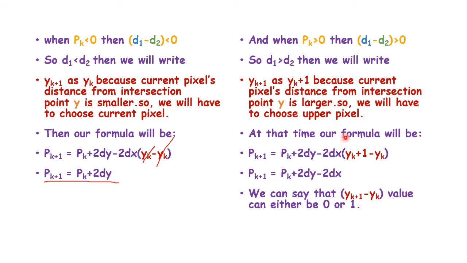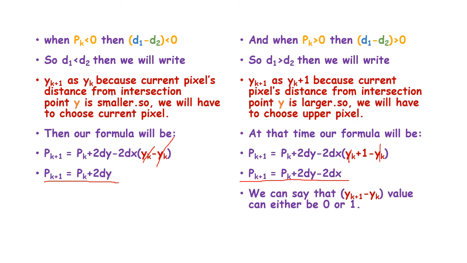At that time our formula will be pk plus 1 is equal to pk plus 2 dy minus 2 dx in bracket yk plus 1 minus yk. Again yk gets cancelled, and we get the equation pk plus 1 is equal to pk plus 2 dy minus 2 dx. We can say that the yk plus 1 minus yk value can be either 0 or 1.